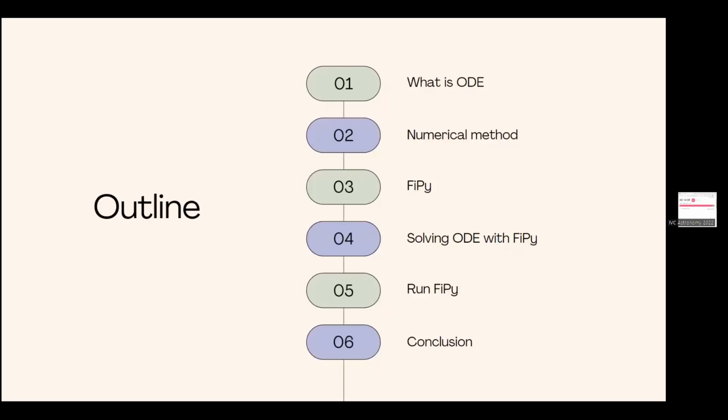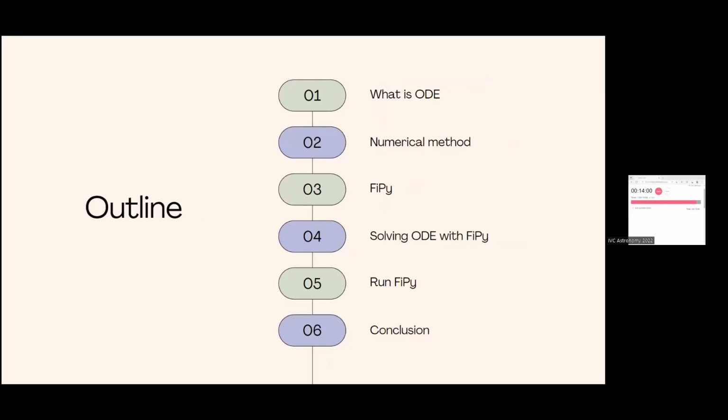And this is the outline of our presentation today. First we will talk about what ODE means, and then we will talk a bit about numerical methods, and then PyPy. Our highlight topic today is solving ODE with PyPy. Then we will show you what will happen if we run PyPy, and then we'll jump to a conclusion. At the end of the presentation, we will have a short Q&A session.